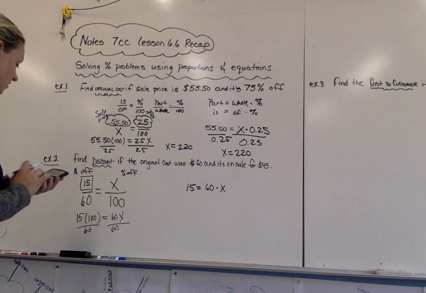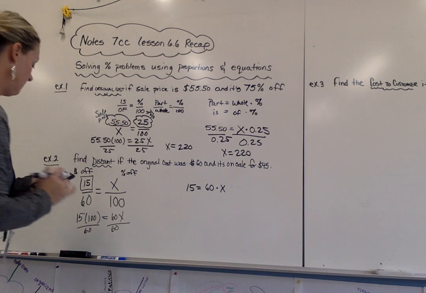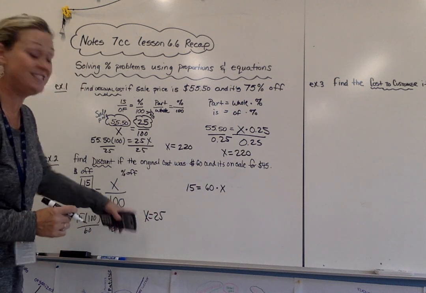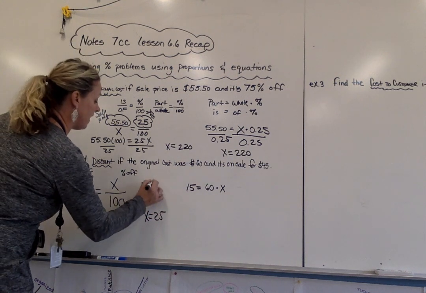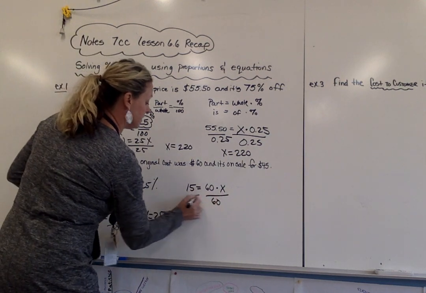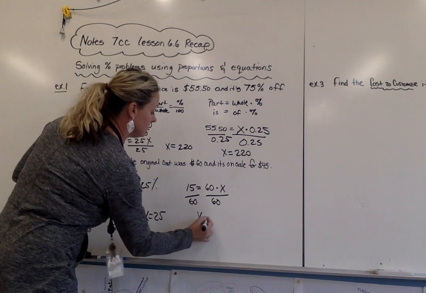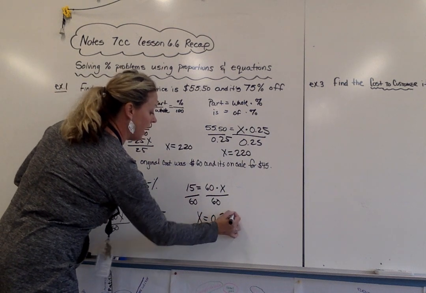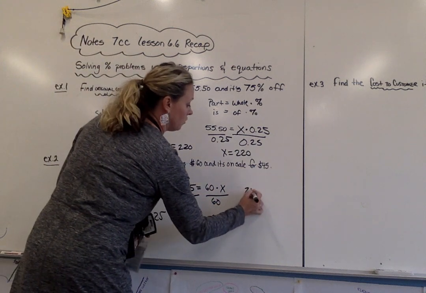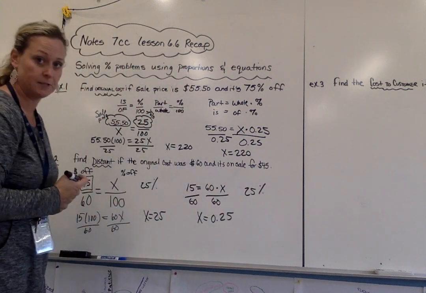I have 1,500 divided by 60. X equals 25. So my actual discount is 25%. And over here, I divide by 60, and I get X is equal to 0.25. That's a decimal. I'm looking for the percent, which is an equivalent of 25%.